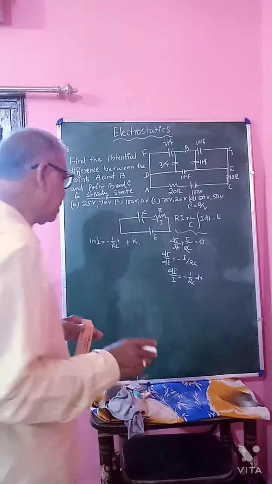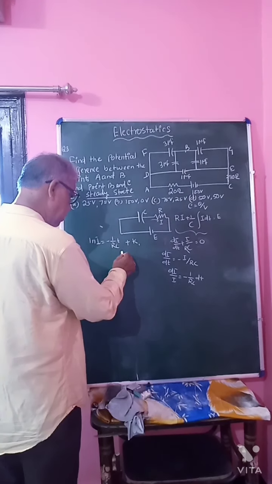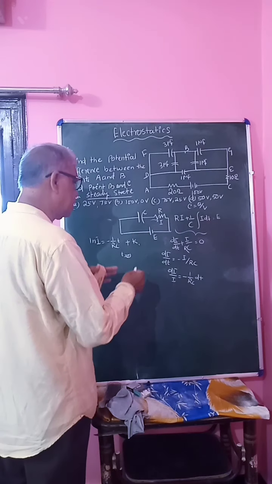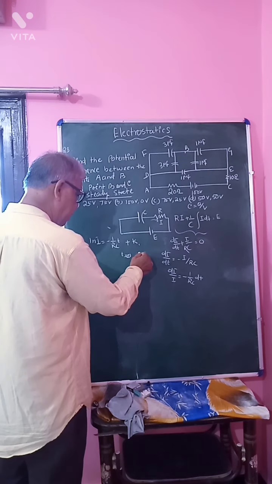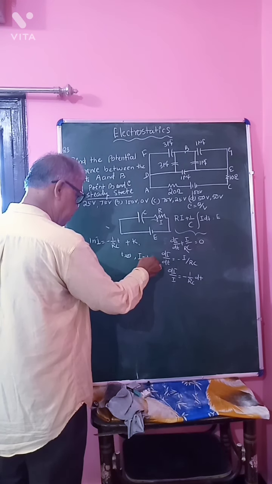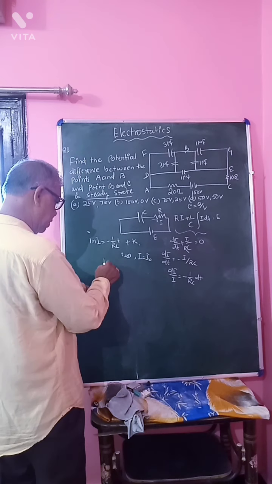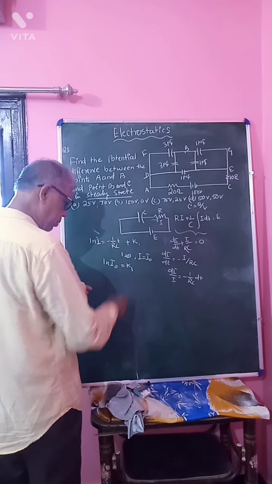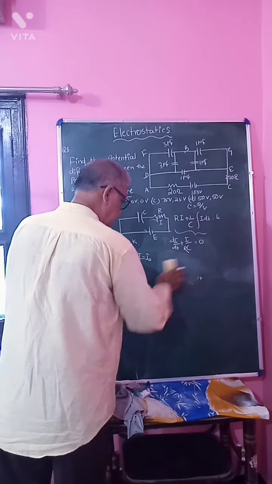The boundary condition is that at time t equal to 0, the initial current is very large, let it be I equal to I0. Now, ln I0 equals K1, the integration constant.